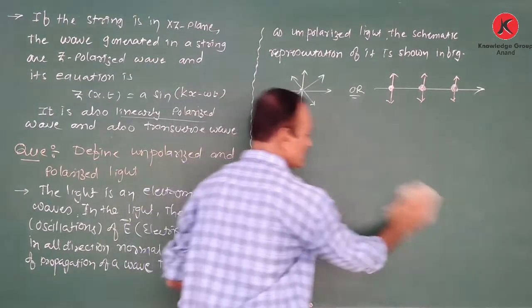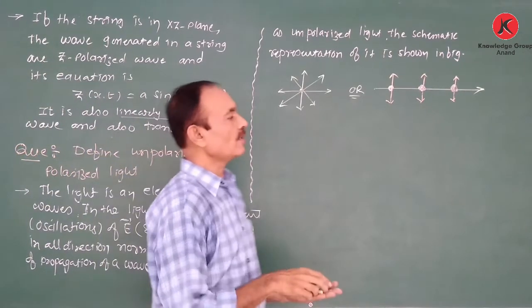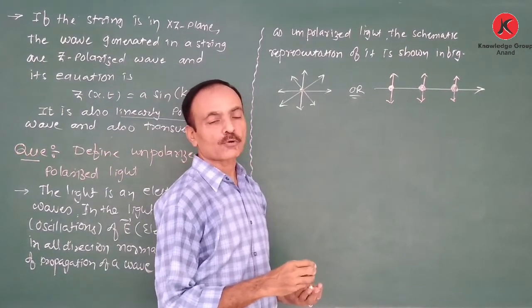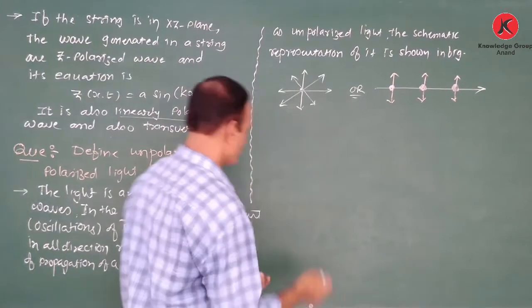Now in polarized light only the oscillation or displacement of the E vector is coplanar and parallel to each other. That means only in one direction.